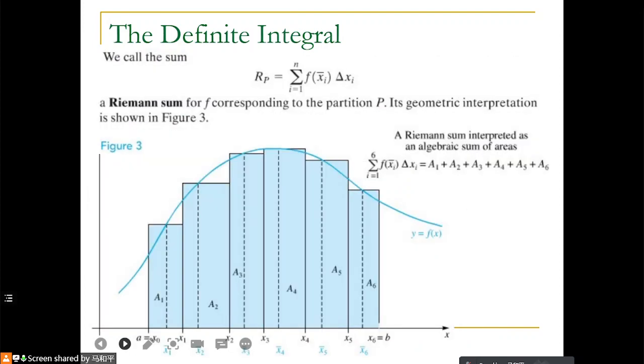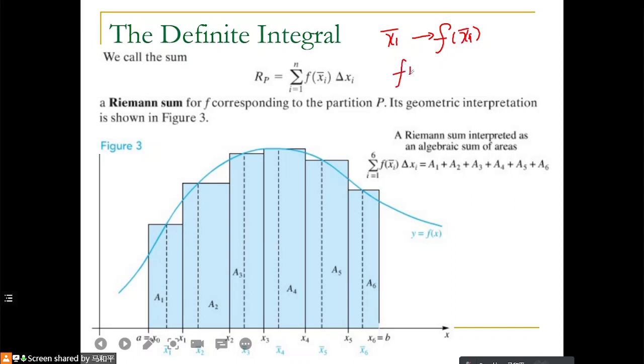Now we call the sum: for the first sample point x1 bar we have the value f(x1 bar).